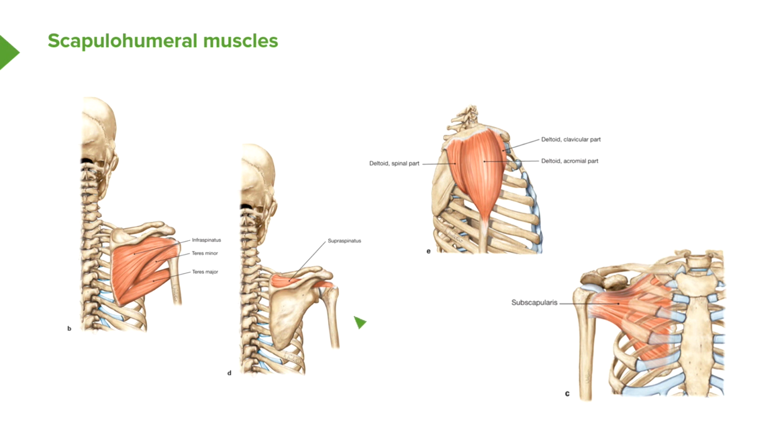It's going to abduct. So it's going to move in this direction, outwards. It moves the first 15 degrees via the action of supraspinatus, and then the middle portion of deltoid carries on the movement of abduction.